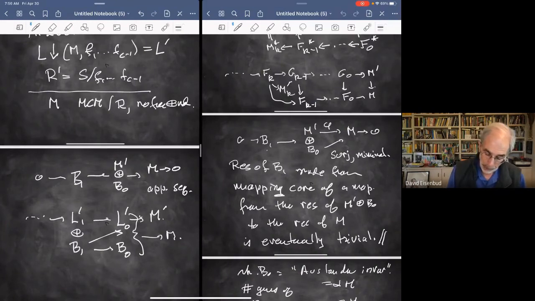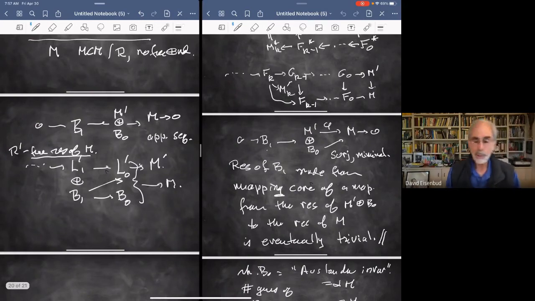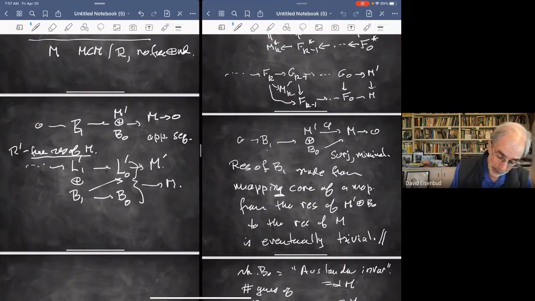So now this is an R prime free resolution of M, not M prime anymore. And I know what to do in the codimension 1 case. I tensor with the divided power algebra on one generator. So I make a homotopy, choose a homotopy.